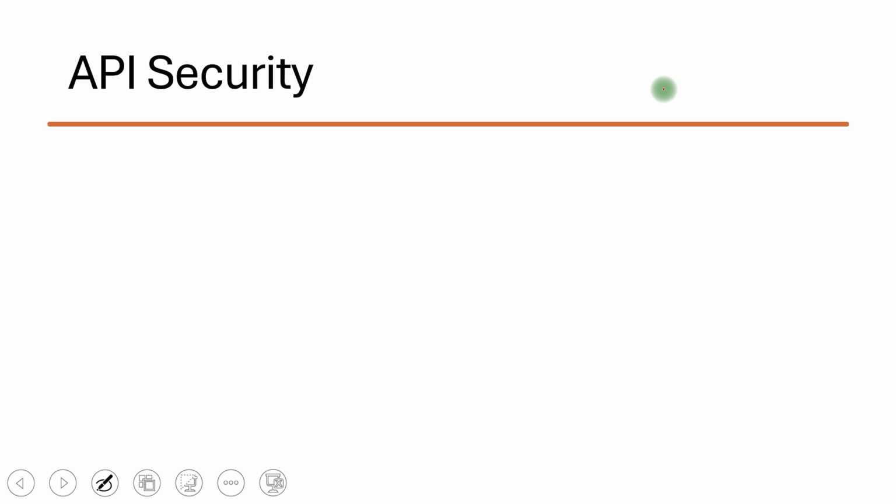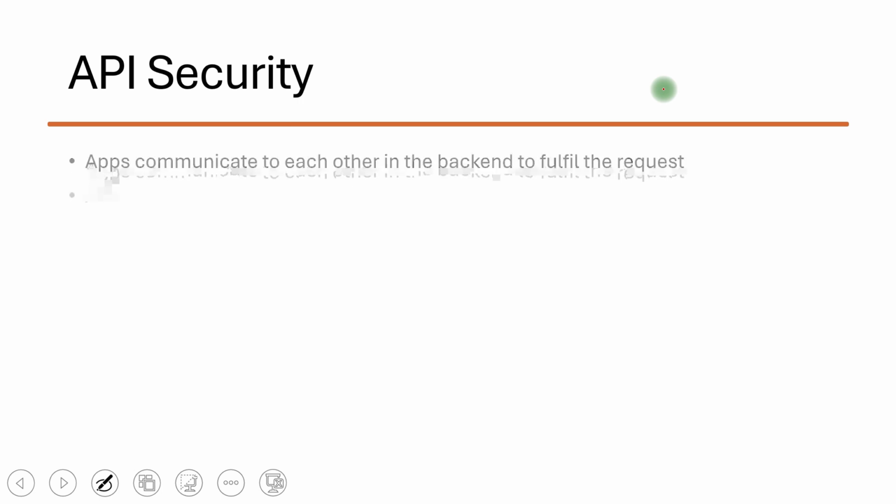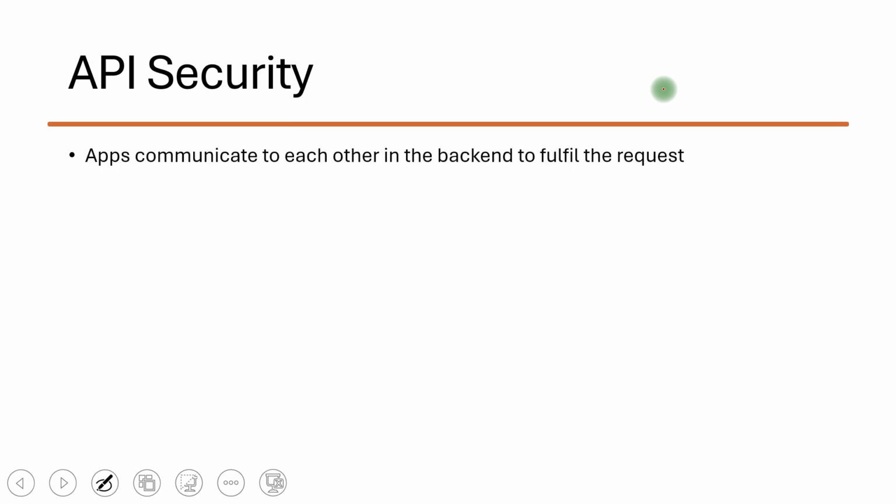When you click that button, on the backend there are n number of requests originating and working together to fulfill that request. So there are n number of services where data exchange is happening, like apps communicating with each other in the backend.